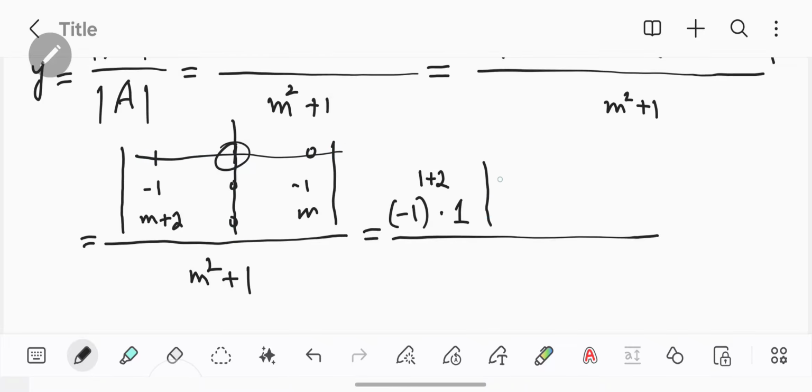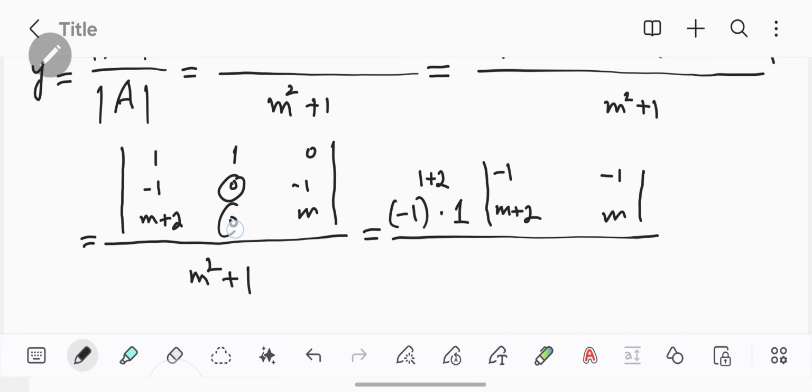I will get minus 1, m plus 2, minus 1, m. And then it's the turn of these other two, but these two are zeros, so I will not write plus zeros, because 0 times all of the other entries is 0. So m squared plus 1 here I will get.